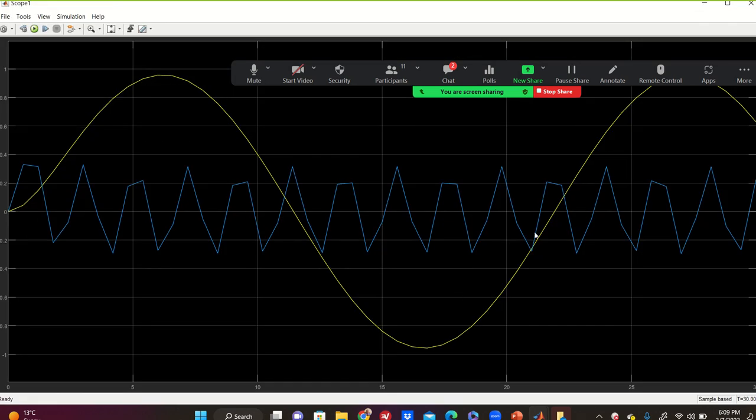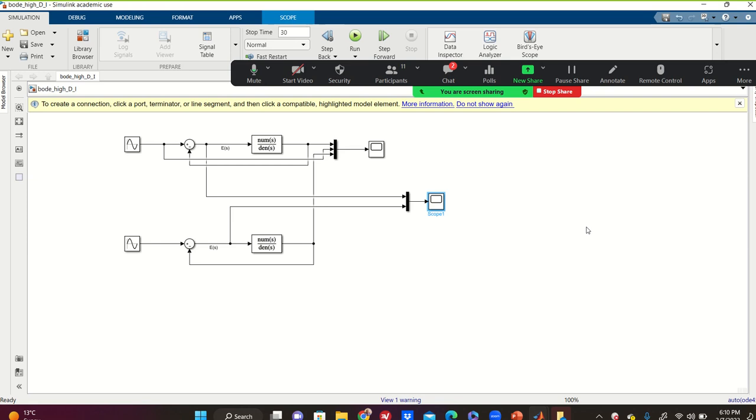This is the error signal of the low frequency for the high-pass filter, and this is the error signal of the high frequency. It's decreasing. See what I'm saying? That's it. So now you know it.